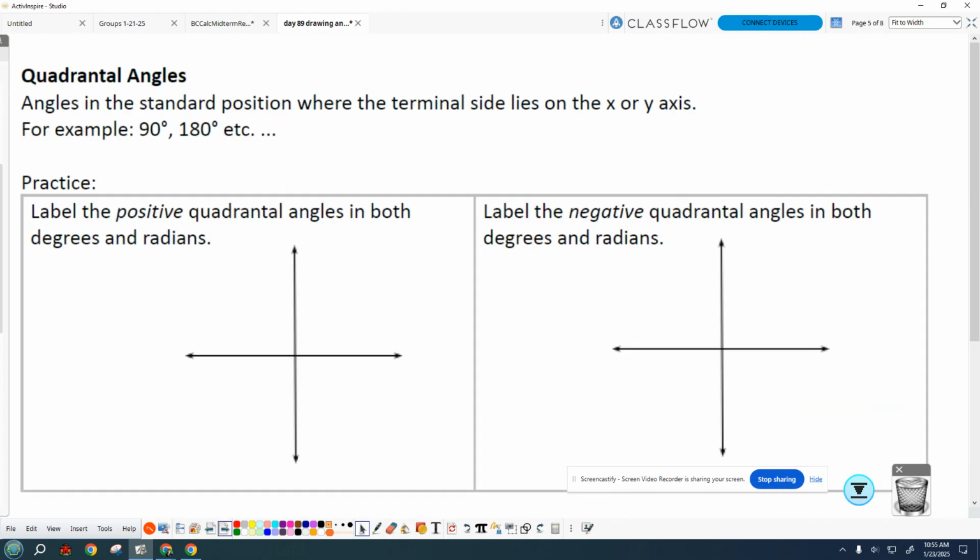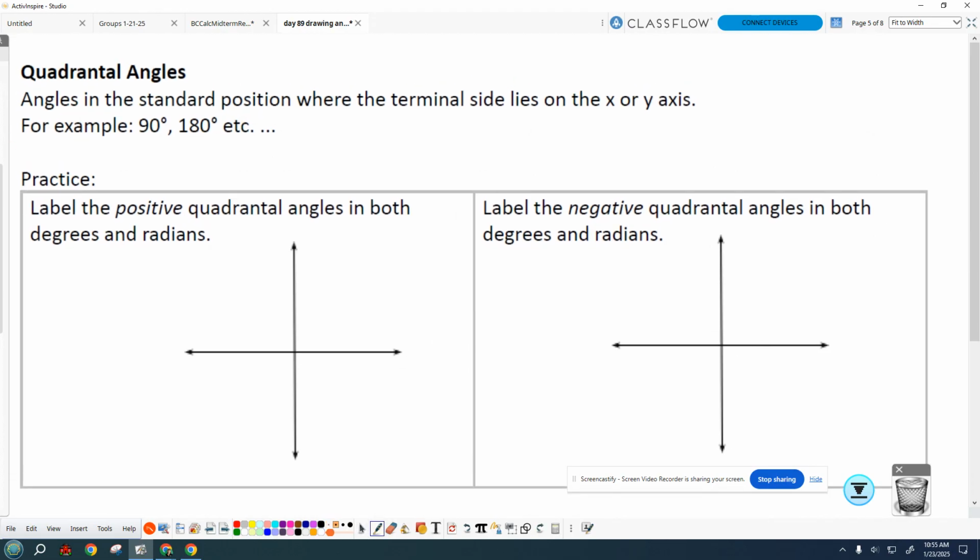Then I need to tell you about quadrantal angles. They hit the axes. So when it hits the plus sign, 0 degrees, 90 degrees, 180 degrees, 270. What is that in radians? Well, that's 0. What is 90 in radians? Pi over 2.